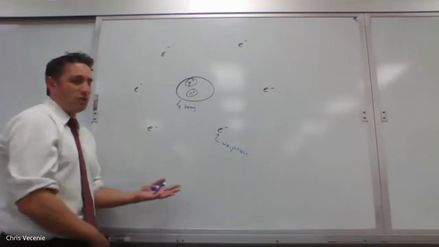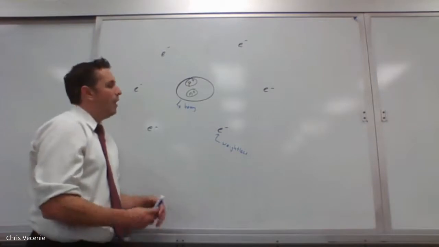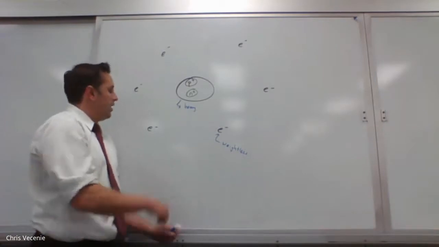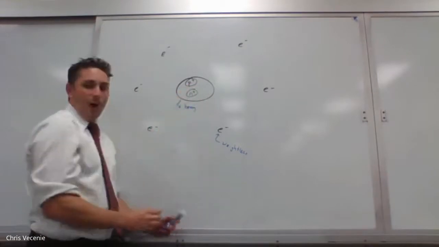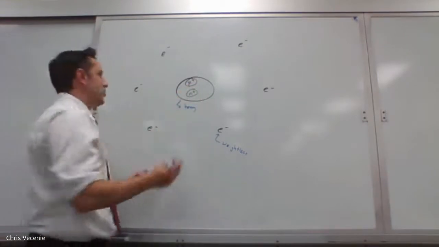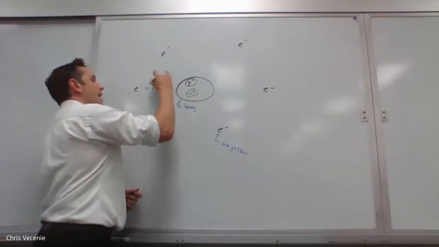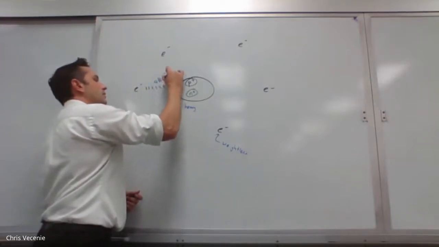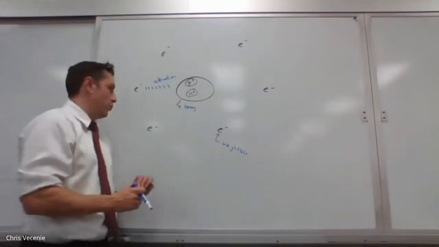But then a question arose based on some other physical principles that we know. One of those questions was, we know that electrons are negative and protons are positive, and we know opposites attract. So there should be some sort of attraction between the negative electrons and the positive nucleus.